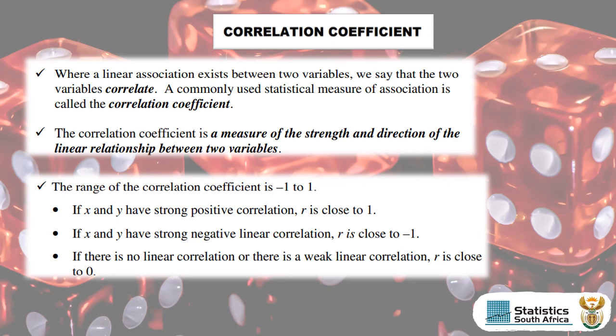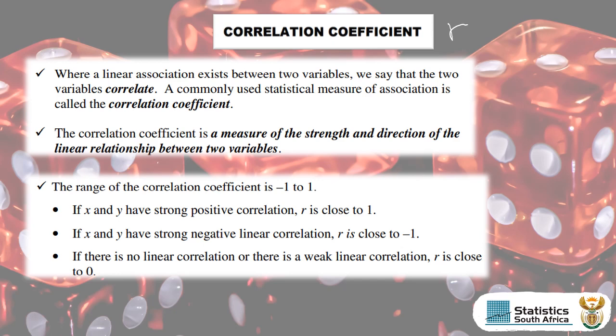So in order to answer that question, we have to look at what is called the correlation coefficient, mostly denoted as small letter r. Where a linear association exists between two variables, we say that the two variables correlate, right?